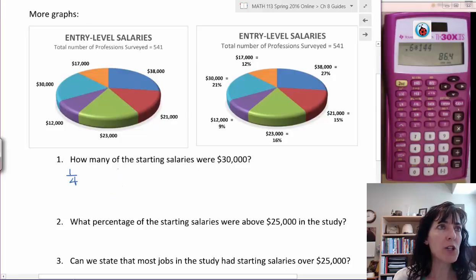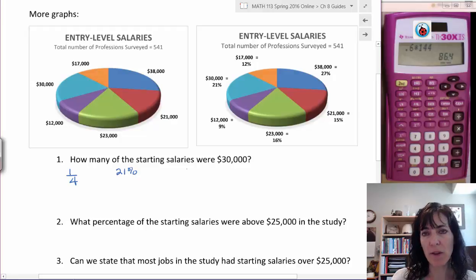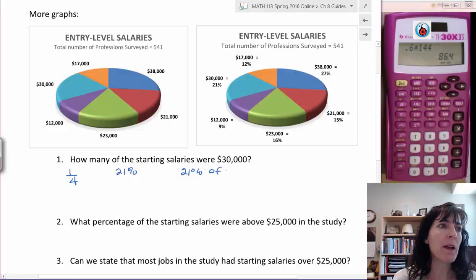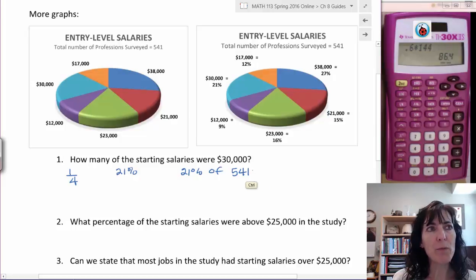So the pie chart on the right tells me 21% of those 541 people surveyed had a salary of 30,000. If I want to find how many of the starting salaries were 30,000, then I can take 21% of those 541 people that were surveyed and find the number of people who had a salary of $30,000.